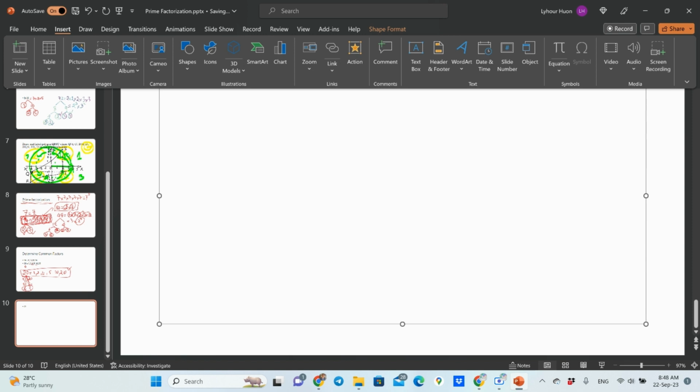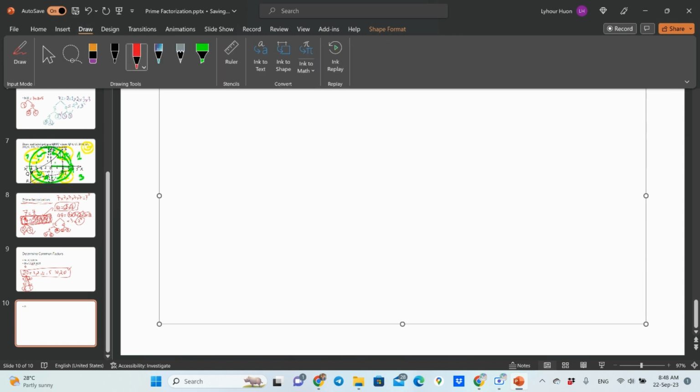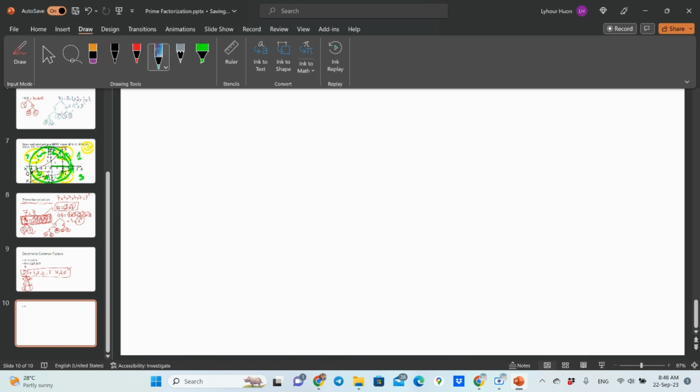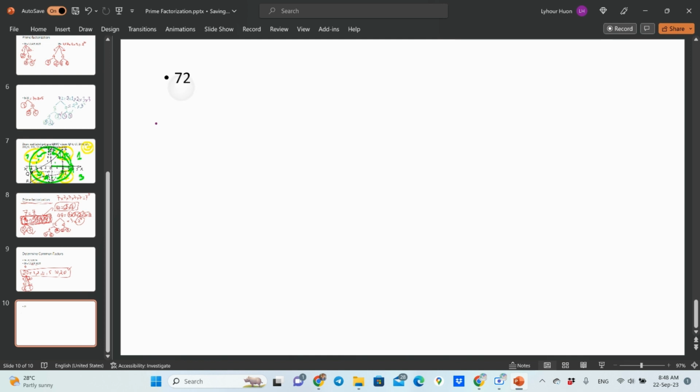In order to not miss any pair or any number, we can break it down. 8, 7, no, 8, 9, no, you should start with the smallest number. 1 and 72, right? So we can write 1 and 72 here. Go from smaller and smaller.